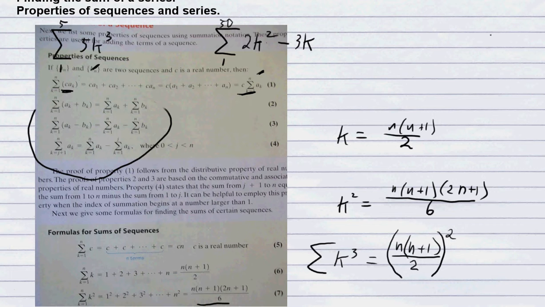We can make use of these formulas here, where if we've got two separate sequences, with an addition or a subtraction inside the series formula, we can divide that into two simpler series with additions and subtractions.